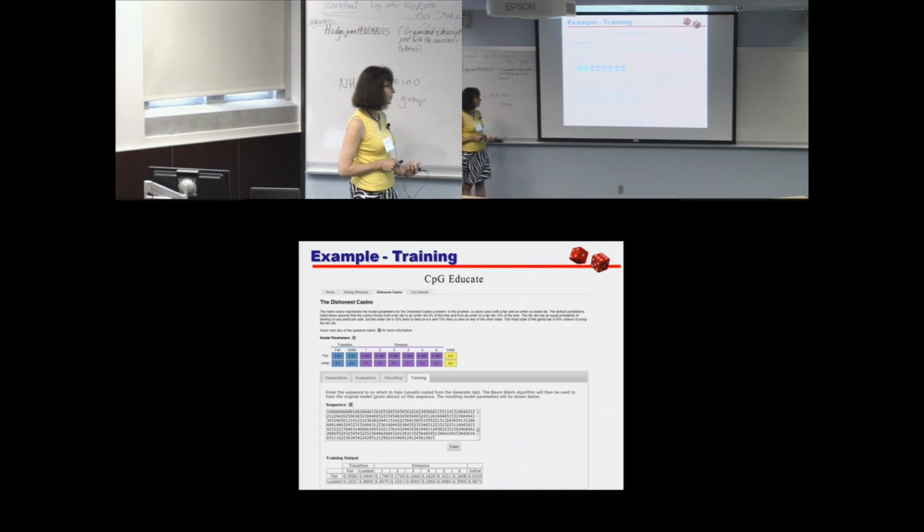What we've done is first generate a sequence, then pretend that we didn't know how it was generated and try to recover the parameters. We generated a sequence that had this set of parameters, and that's the sequence. When you train it, this is what comes back. And of course, the longer the sequence, the better it is.